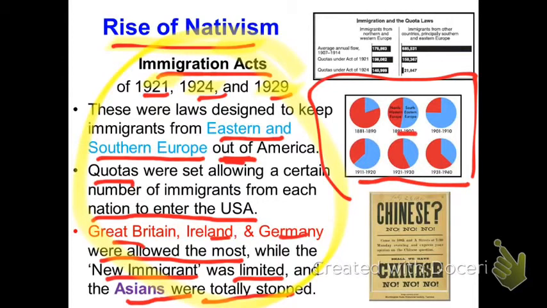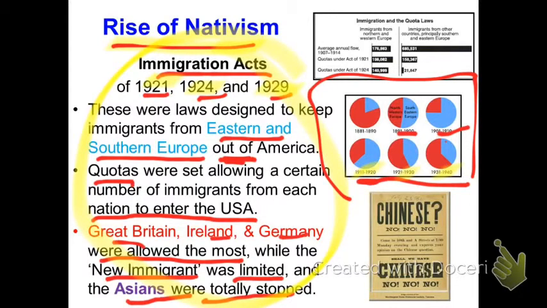1891 to 1900, we see a dramatic shift right there, and that shift continues to grow from 1901 to 1910. We start to see a change in that color right there, we start to see a shift back away from it, and it continues. 1931 to 1940, we are still looking at 30 or a little over 30% of our immigrants from Southern and Eastern Europe.